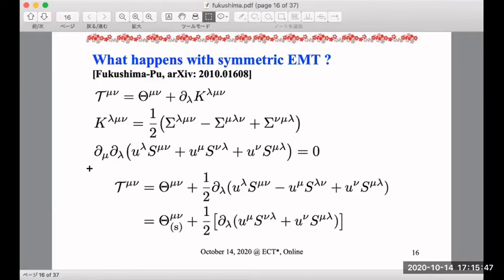So our solution is something like this. Of course we have the conservation equations for the energy momentum tensor and the current, but then when we consider the entropy production rate, that will give us some constraint for the S^{μν}, which should be related to some derivative acting on the temperature and the flow velocity.